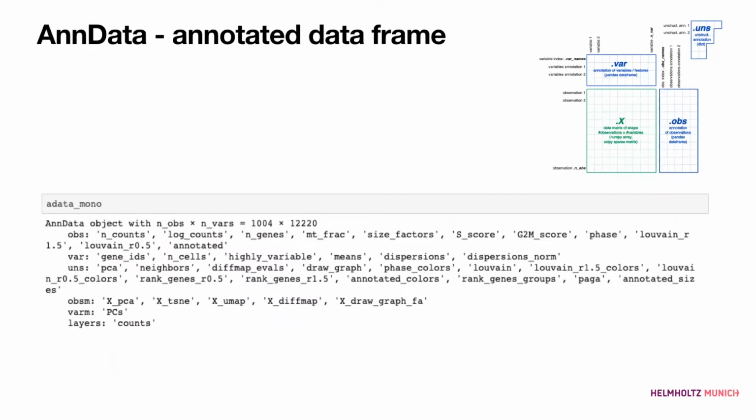So an example of how this AnnData would look like, you can see here. Essentially, if you have an AnnData, an annotated data frame, you can print it, and you can see in this particular data frame we have 1,000 cells and roughly 12,000 genes or variables.